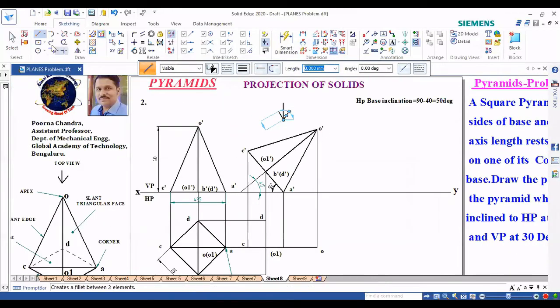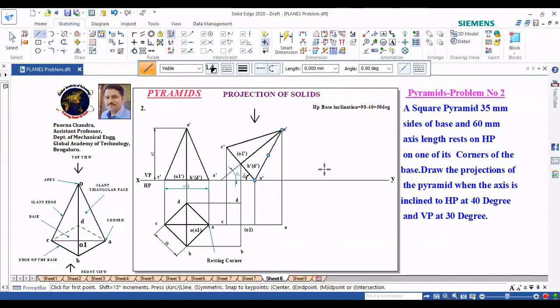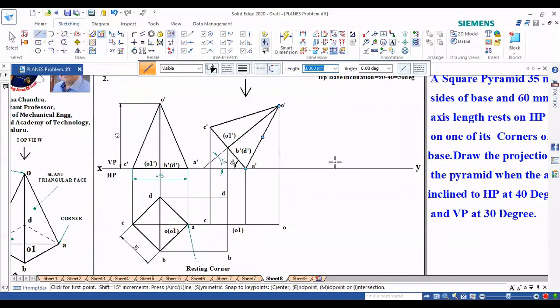If you watch from the top, as you can see clearly, OC is clearly visible from the top. So join OC first. O and C is visible. Next, which is a visible edge? Watch from the top: O dash, B dash, OB and OD.